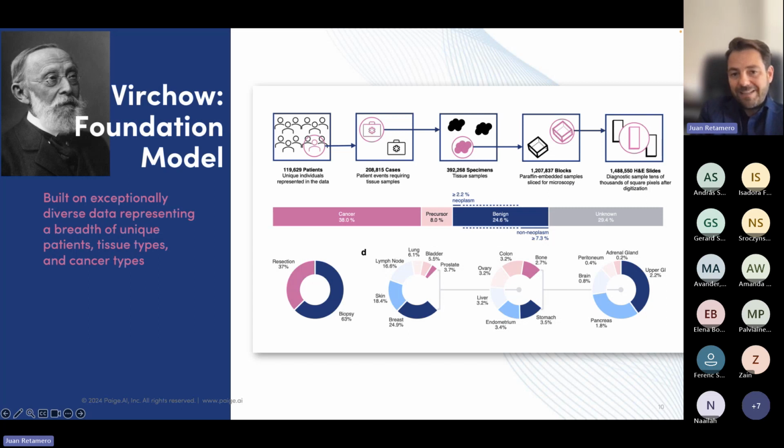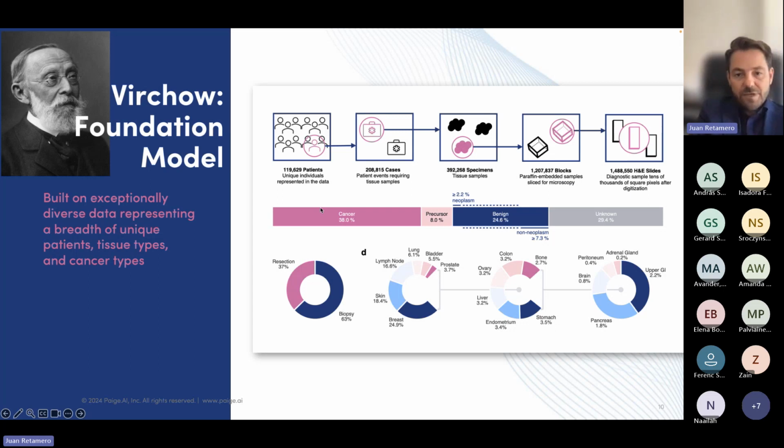It's a pan-cancer model that has been trained on both resections and biopsy specimens from many different topographies that you can see here, encompassing up to 1.5 million slides, all the way back to 1.2 million blocks from thousands and thousands of specimens coming from almost 120,000 people.